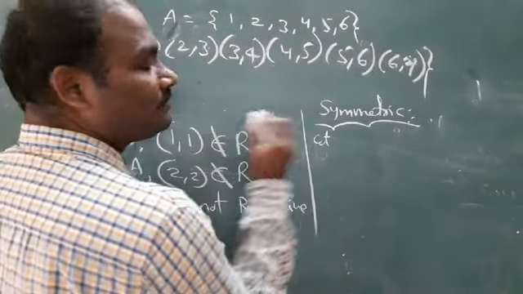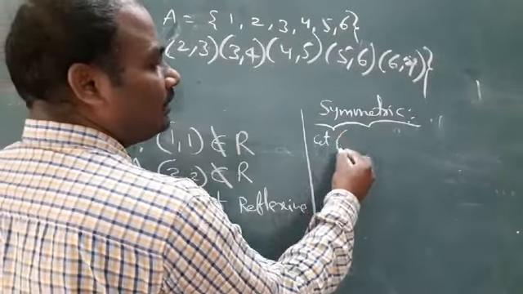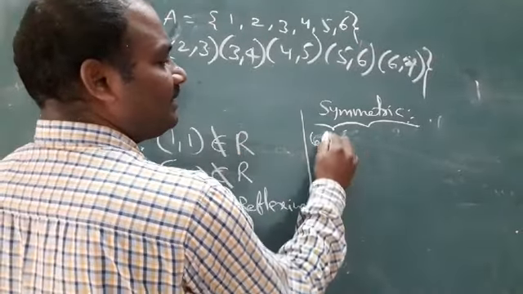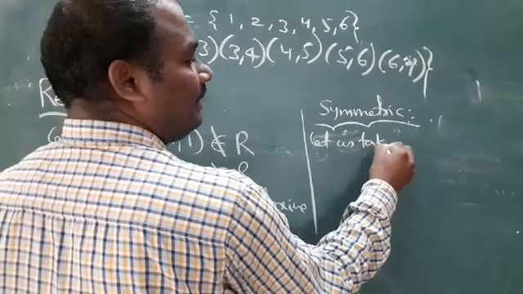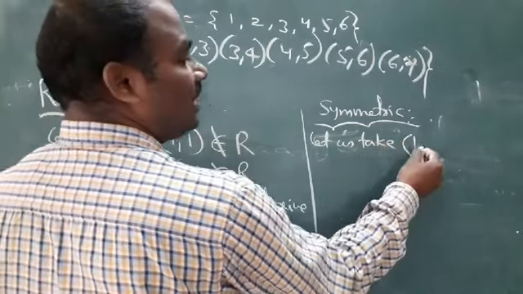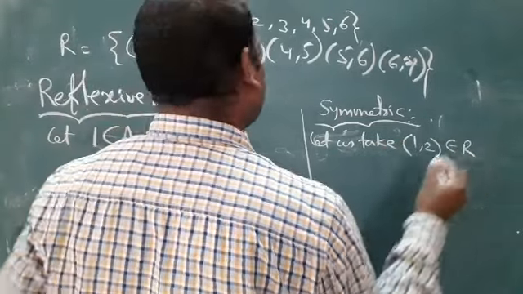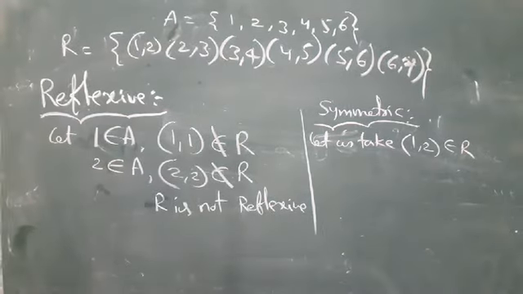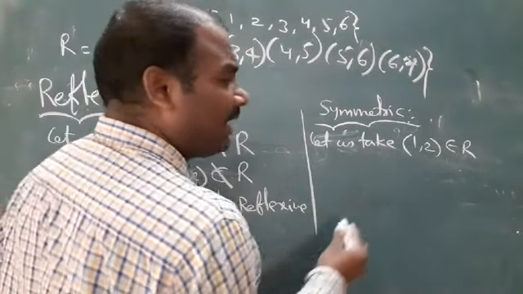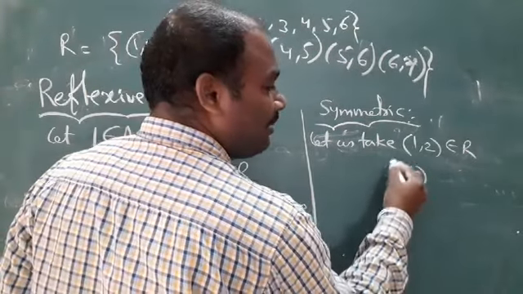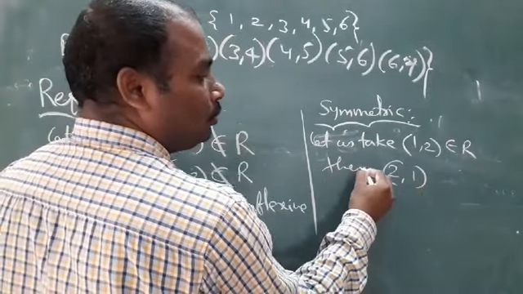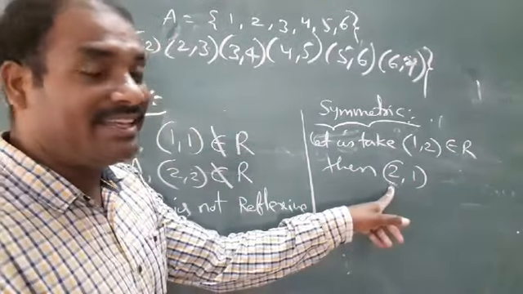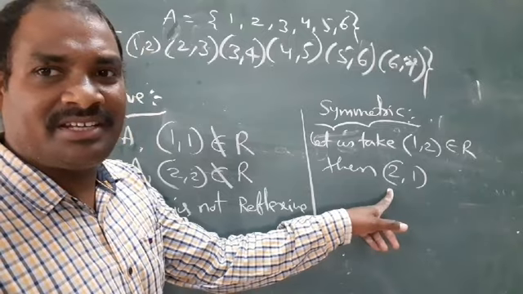For example, let us take the ordered pair (1,2) belonging to R. What is its symmetric pair? (2,1). Very good. Is (2,1) an element in R?